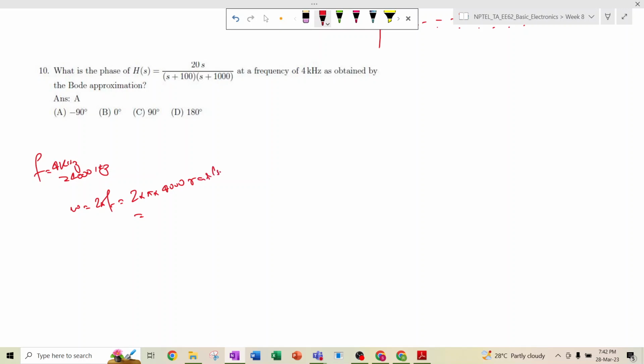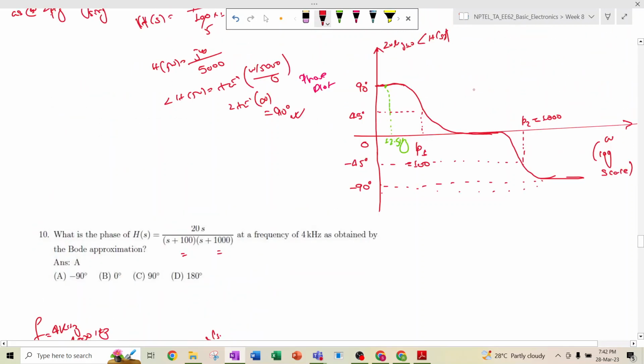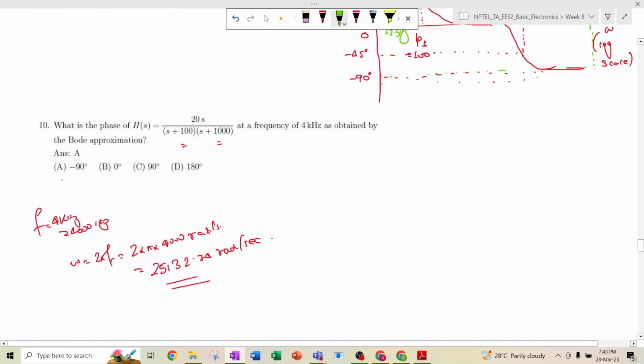So 4000 into pi into 2, that is 25132.74 radian per second. Okay, so this is much beyond this thing. So we can see from the plot also that this falls approximately at this point. At this point the phase is minus 90 degree. From the graph also you can see it is minus 90 degree.